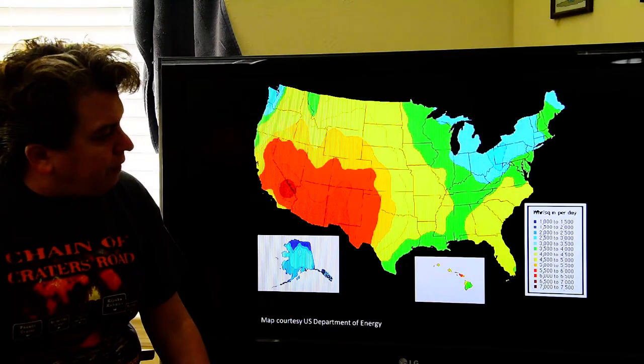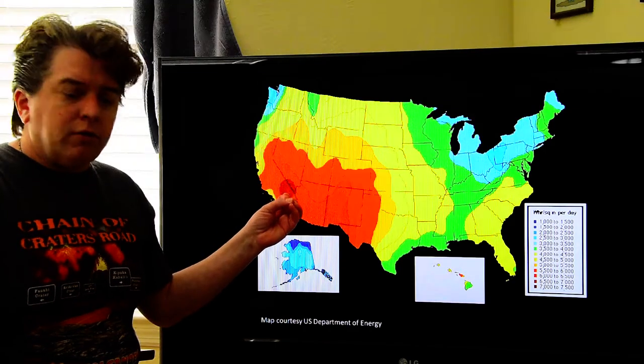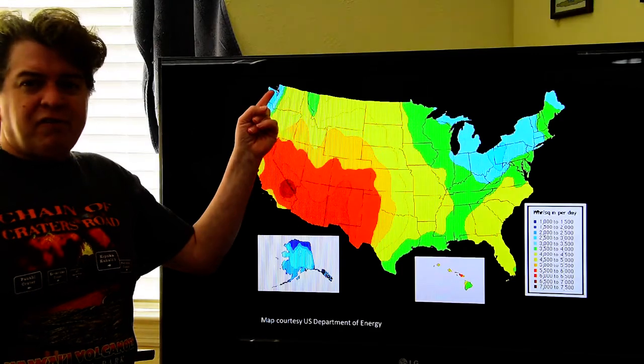This is a U.S. map looking at days of sunlight, or the amount of sunlight arriving in different places. You can see here, the southwestern United States would be awesome for solar energy because they get a lot of sunlight. But if you're living up in Seattle where it's raining almost all of the time and you don't really have all that many sunny days, well, it's not going to be as effective an energy source.